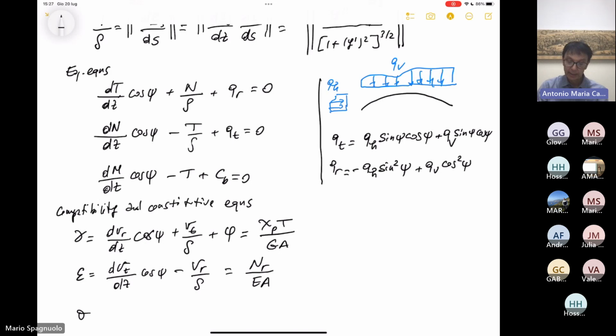Finally, theta, which is the bending strain, is equal to dphi over dz cosine of psi, and it will be equal to M over EJ, minus the reduced axial force times 1 over rho E. Okay, so these are the set of equations that we should use.